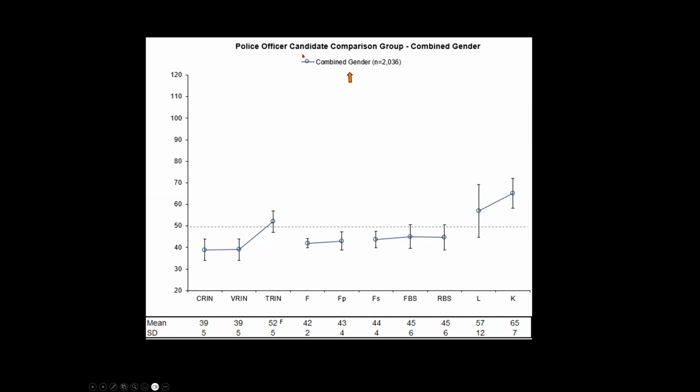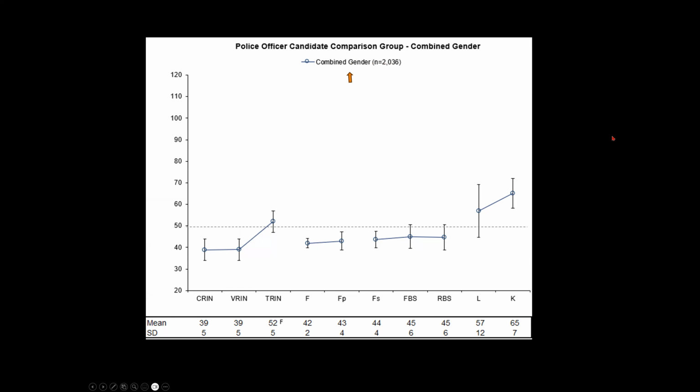Now, again, we use combined gender comparison groups for any kind of employment-related setting. And in this case, we have a large sample of over 2,000 individuals, equal number of men and women in this combined gender sample of individuals who were assessed in the context of a pre-employment evaluation for the position of police officer.